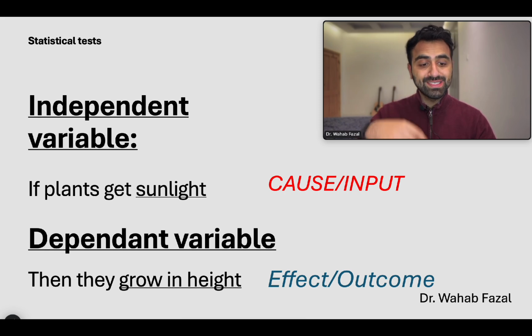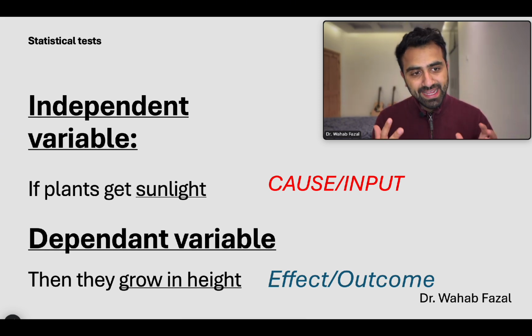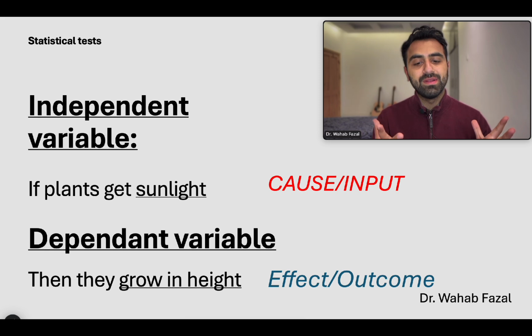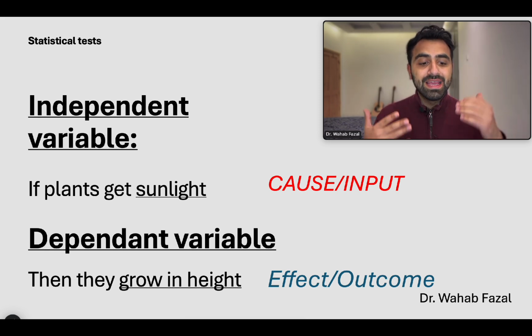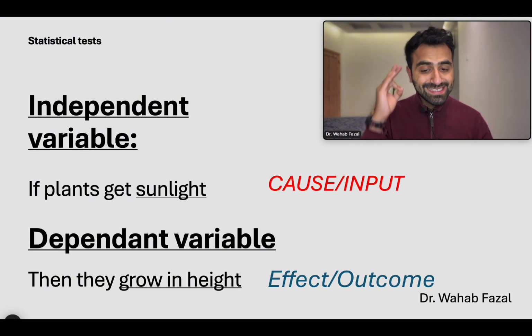We previously called this exposure and outcome. So the cause or the input that is under your control, we are controlling the amount of sunlight that the plant is getting. That's the independent variable. And the dependent variable that depends on the independent variable is basically the effect or the outcome. Just remember, if plants get sunlight, they grow in height.